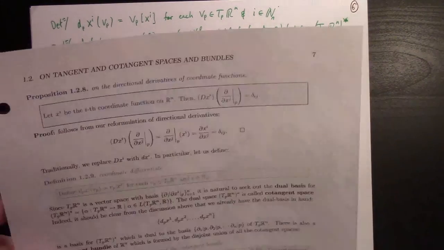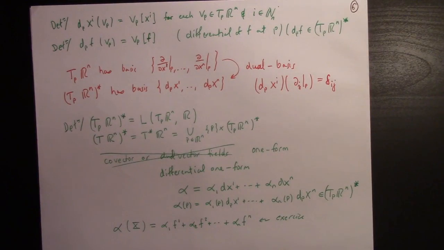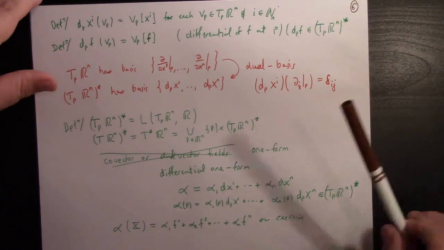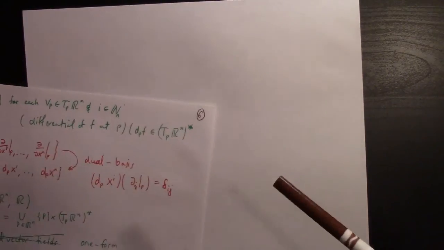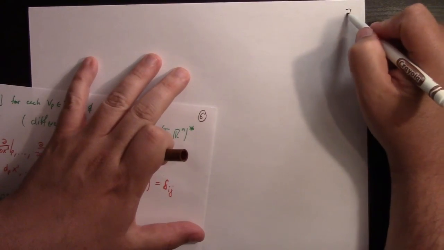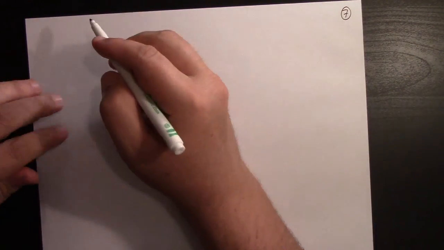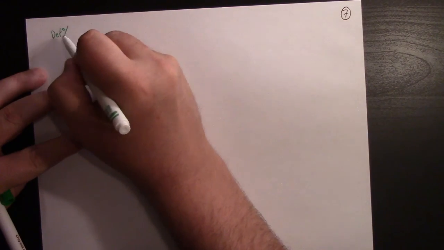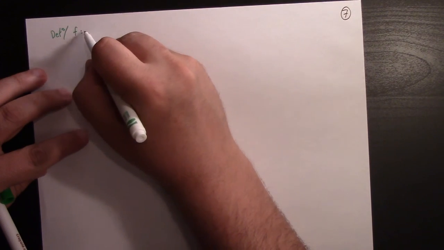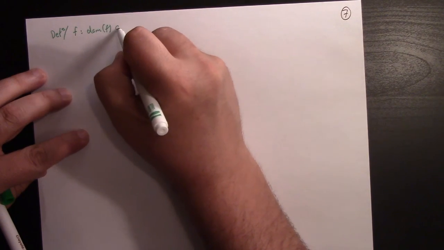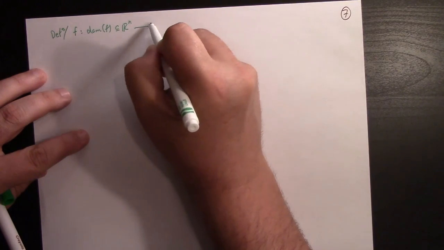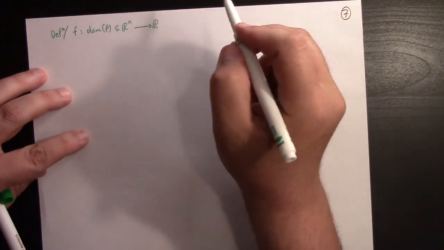All right. So in summary, let's say we have defined the differential of a function. I wrote this before, I'll write it again. Definition: f, domain of f a subset of Rn, so a real valued function on some subset of Rn.